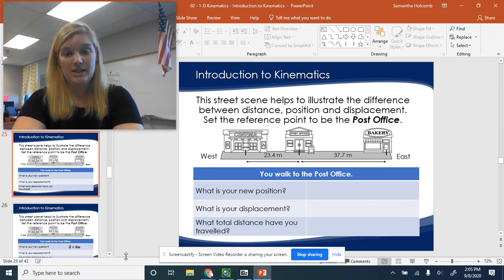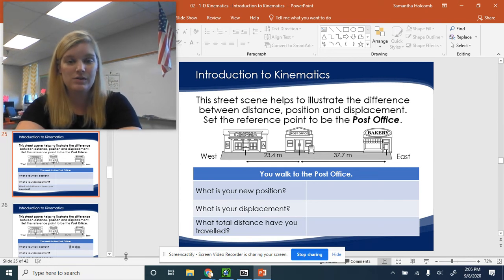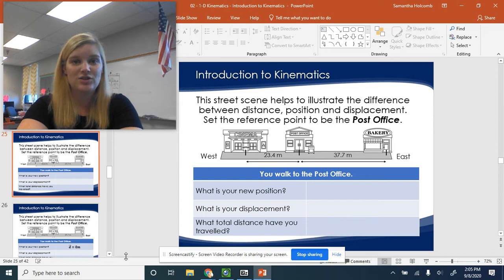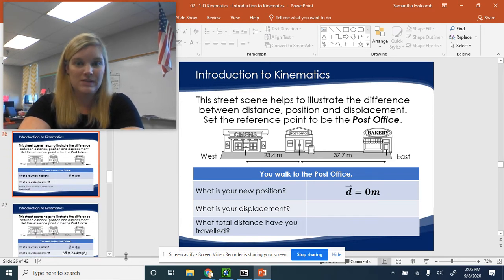So now we're walking to the post office. So what's our new position? Our position is relative to where our reference point is. So 0. And because it's 0, we don't really care what direction it's in because it doesn't matter. But our displacement from where we started is 23.4 meters east.